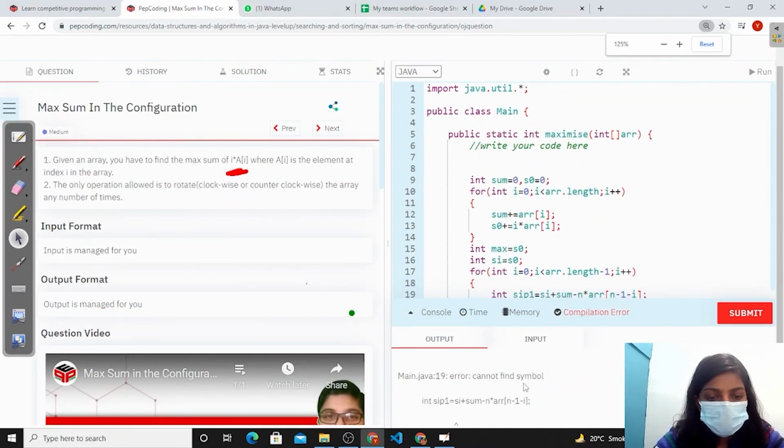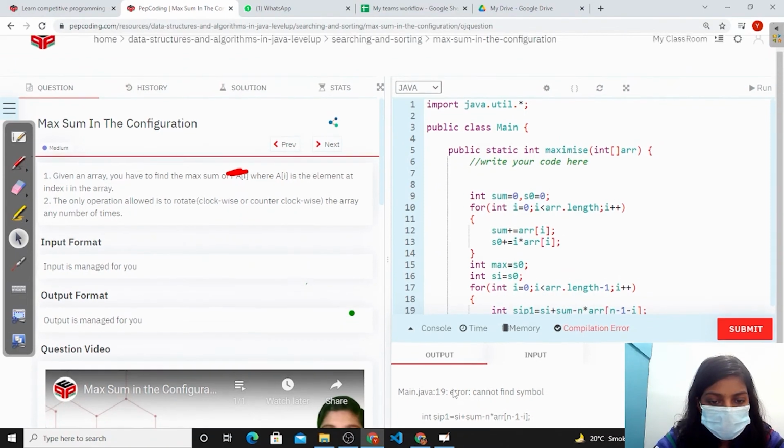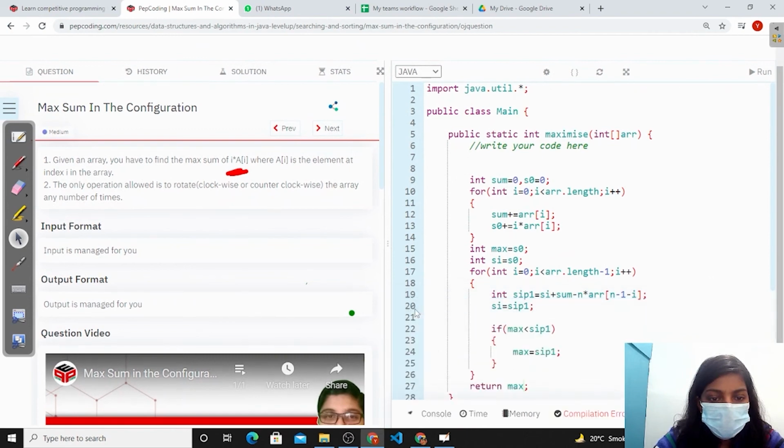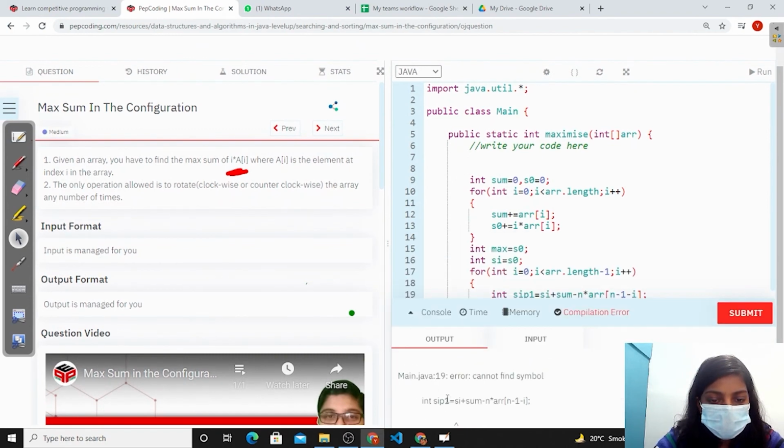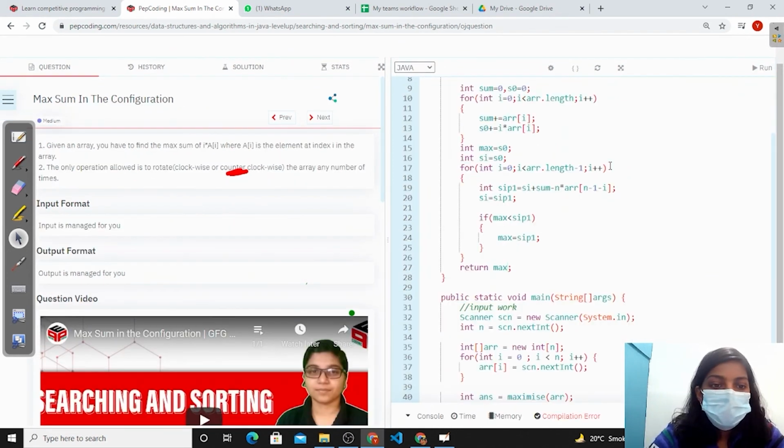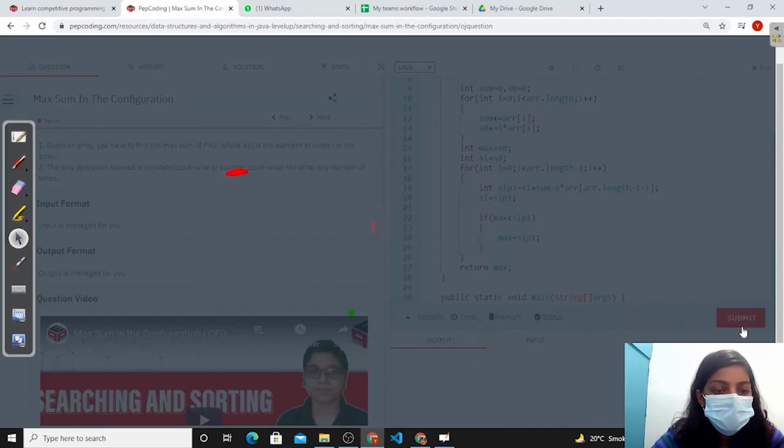I'm getting some errors: cannot find symbol int Si plus 1. Okay, so it should be arr dot length minus 1, because we haven't calculated n here. So it should be arr dot length, that is equal to n. And now let's try to submit this.